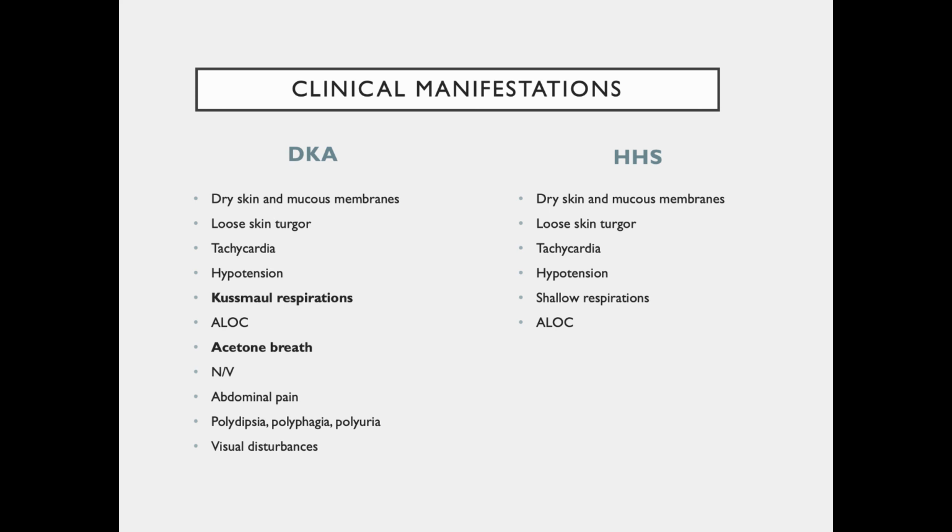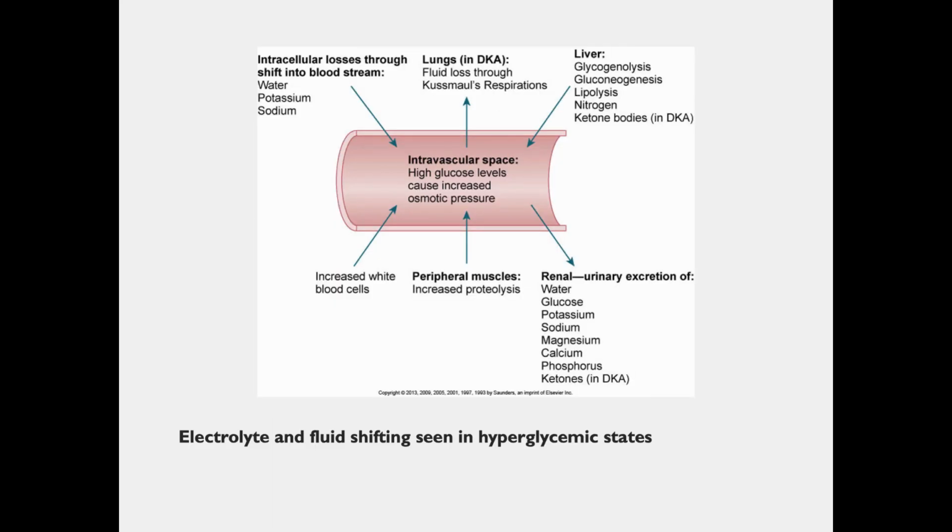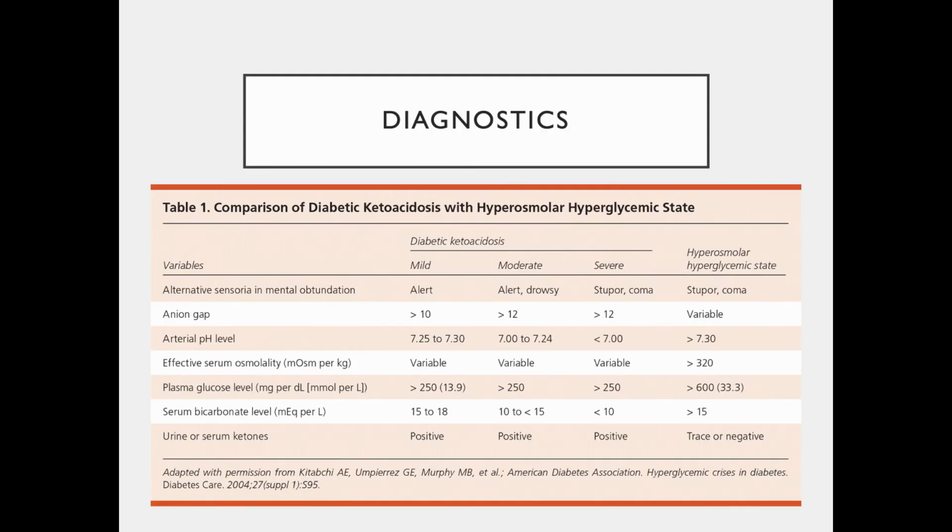They just behave in a very dry kind of way. So the electrolyte shift is the big thing that happens when you're hyperglycemic. When your blood sugar is very high, it makes you hyperosmolar, and these are some of the effects that we see with those changes in osmotic pressure.